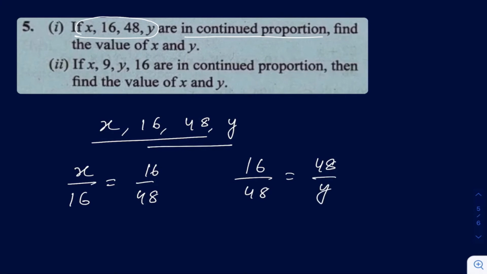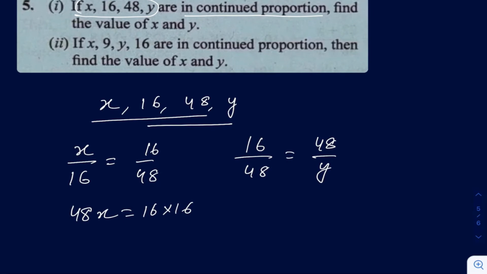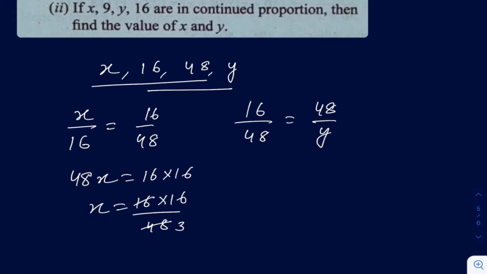So from the first result we get 48 into x equals 16 into 16. So don't multiply it because it will be cancelled. You see, 16 3s are 48, and you are getting x equals 16 by 3.